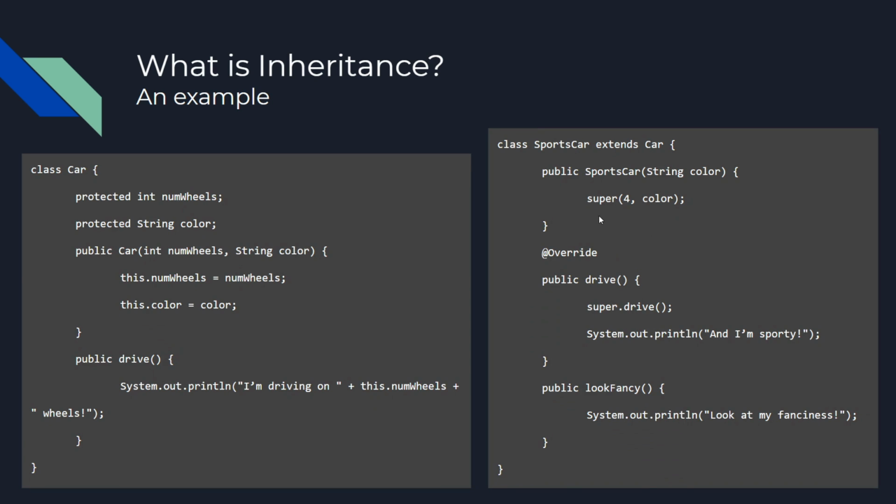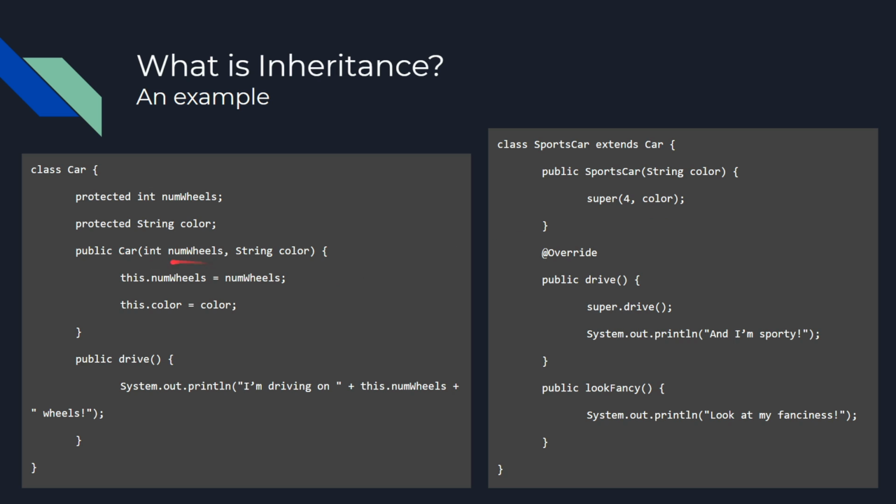Now we still want to use the drive method of the parent class. If you want to access something on the parent class, you use the keyword super. So in our constructor here, we're calling car's constructor and just passing in our input to that.